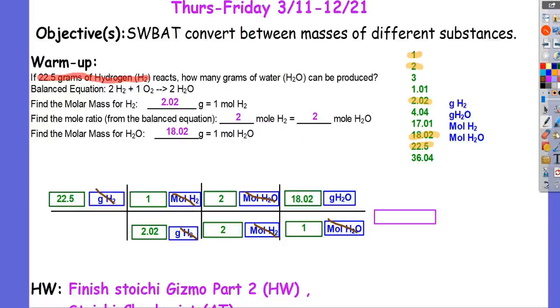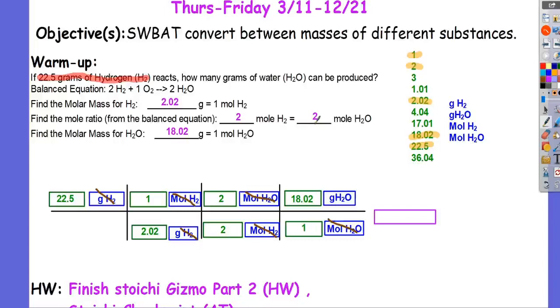So now let me get my calculator. I'm going to multiply all these numbers on the top, and then one by one, I'm going to divide by the numbers on the bottom. So I have 22.5 times 1 times 2 times 18.02. Hit enter, and it gives me a number. That's a beautiful number, but I don't really care, because I'm going to take that number and divide it by the first denominator, which is 2.02.